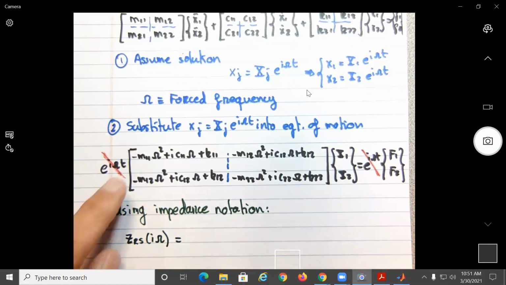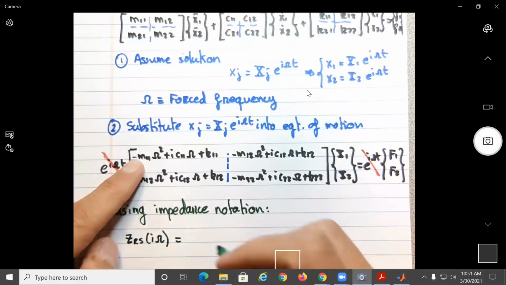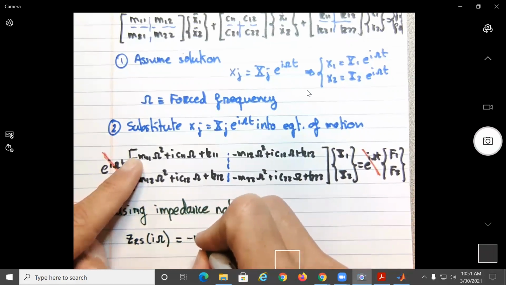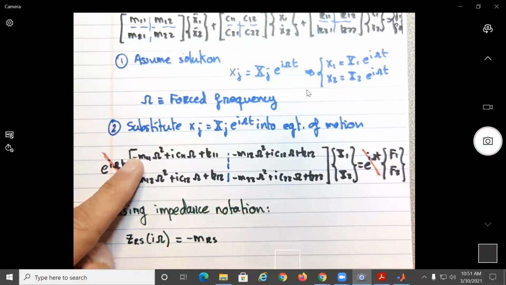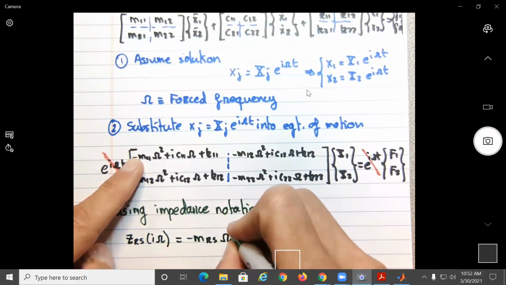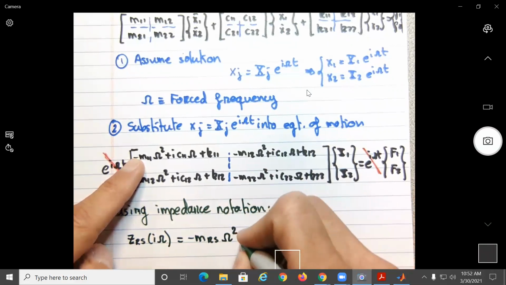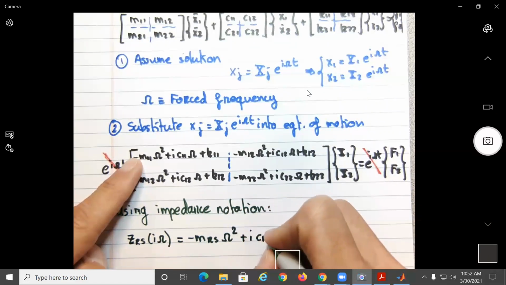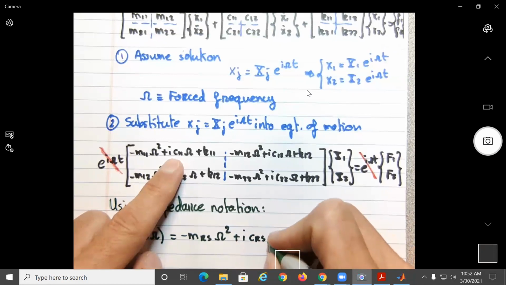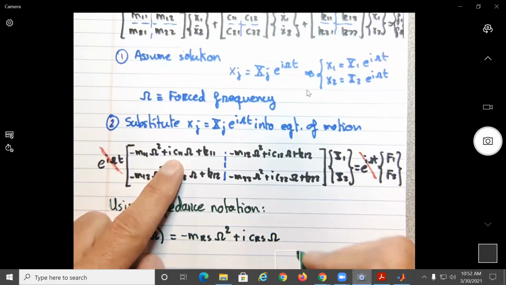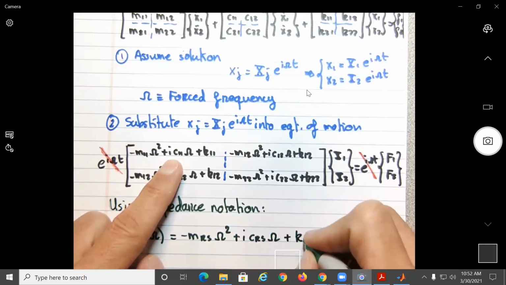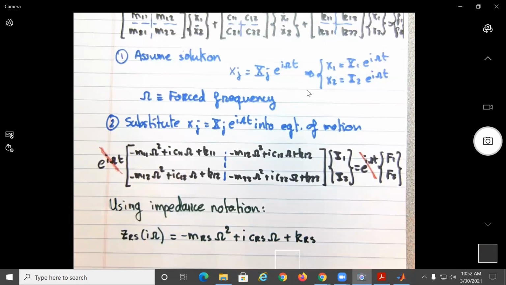So for example, this expression here, okay? We can write it as minus M_RS omega squared plus iC_RS omega plus K_RS. So basically, if R and S equal 1, we have this expression here.